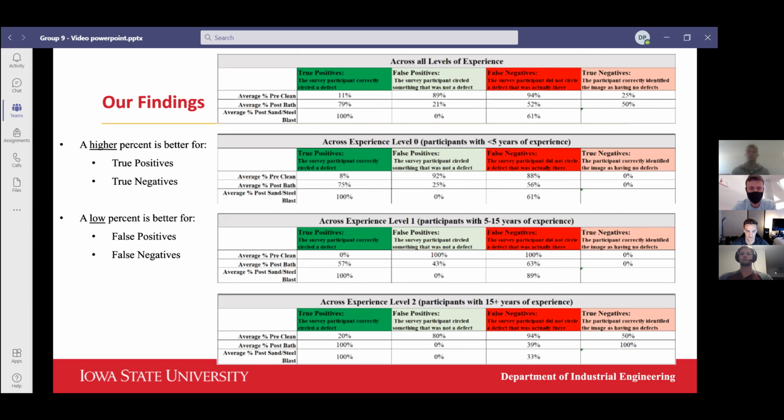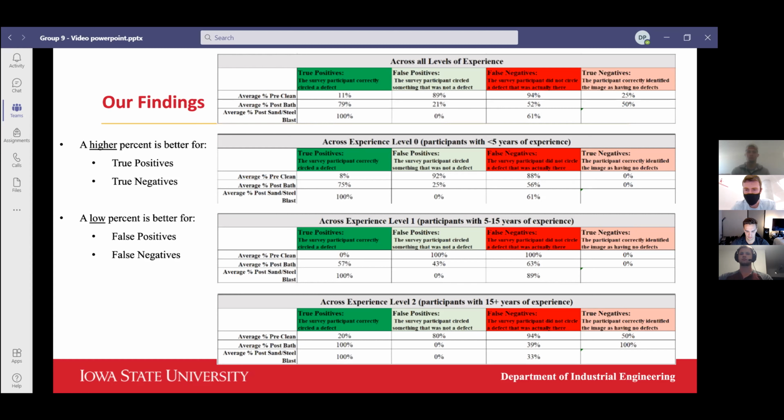So we kept track of our results in a spreadsheet on Excel, and we calculated the average percentages of each of the categories. We did so by summing all percentages and dividing by total instances. As you can see on the left, the higher percentage for a true positive and true negative is a better thing, and a low percentage for the false positive and false negatives is a more ideal thing.